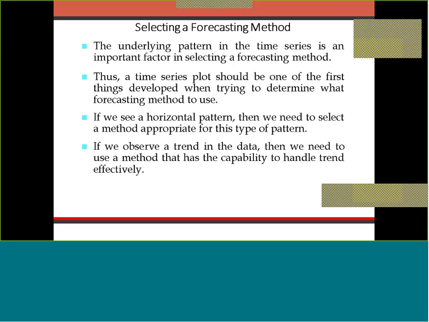Thus, a time series plot should be one of the first things developed when trying to determine what forecasting method to use. If you see a horizontal pattern, we need a different method. If you see a trend or season, you may have a different method to deal with. That's why the first and foremost important thing is observing a pattern in the time series plot.